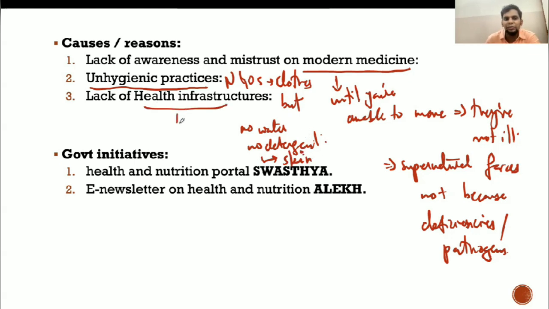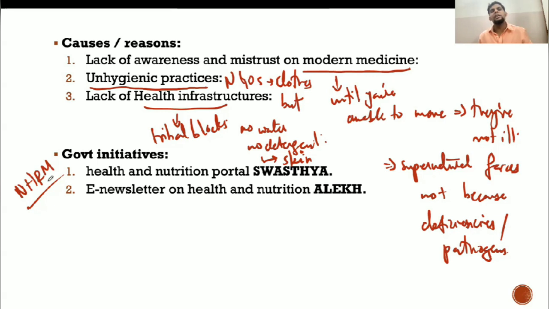Lack of health infrastructure, especially in tribal blocks. That is also an important component. See, in terms of government, you have your NRHM, National Rural Health Mission. So you get the picture, right? You talk about many of these things. You also talk about the recent initiatives.